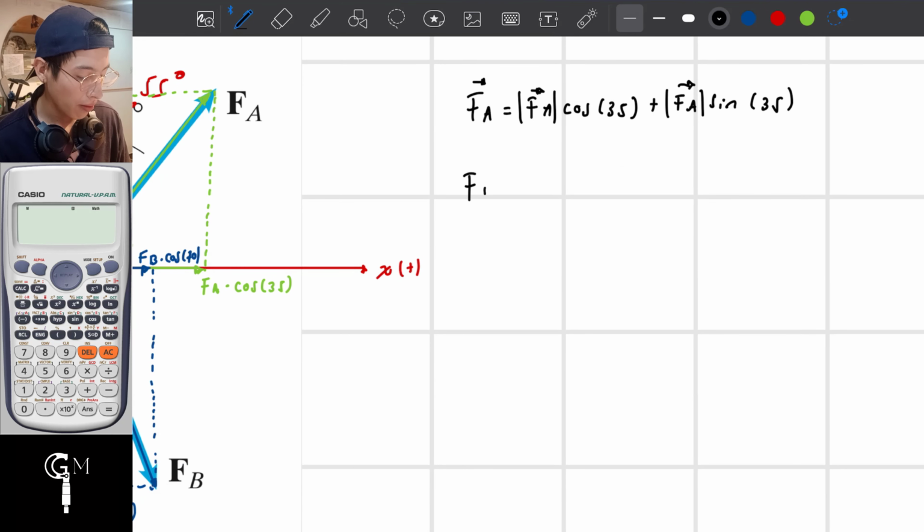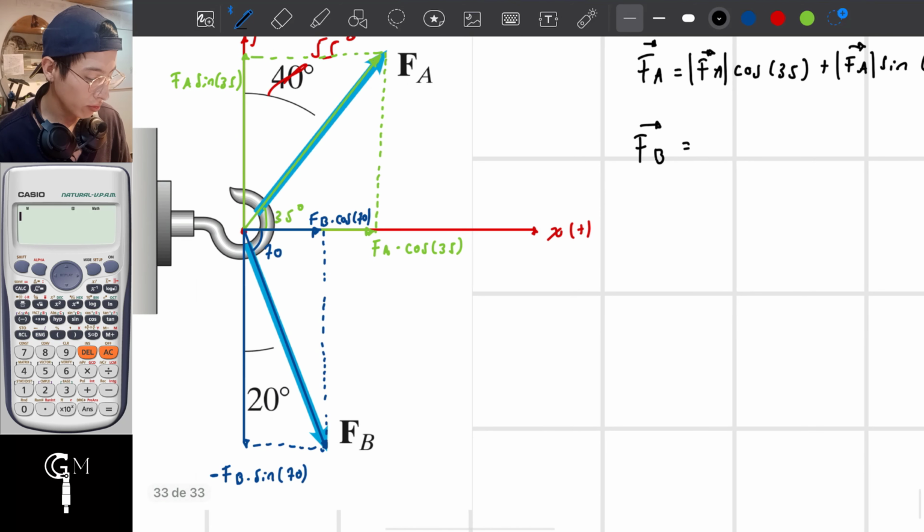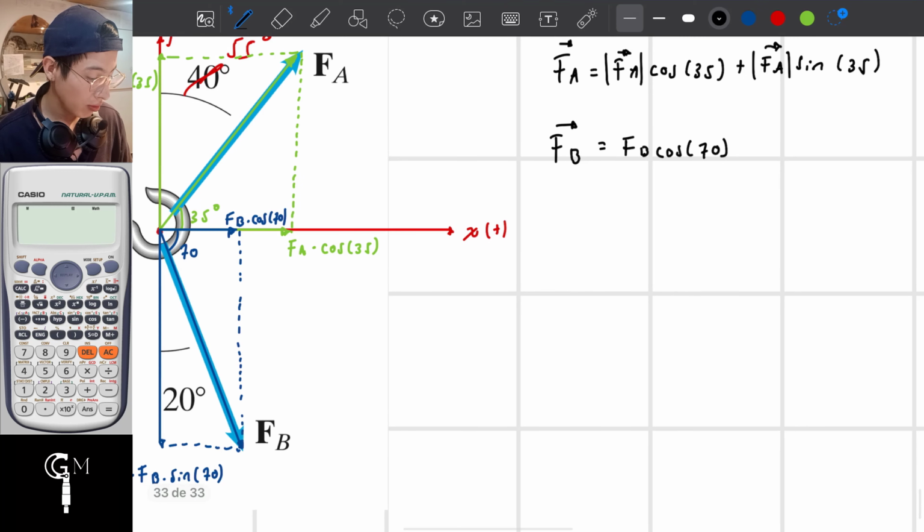Now, the vector FB is equal to FB cosine of 70 minus FB sine of 70.